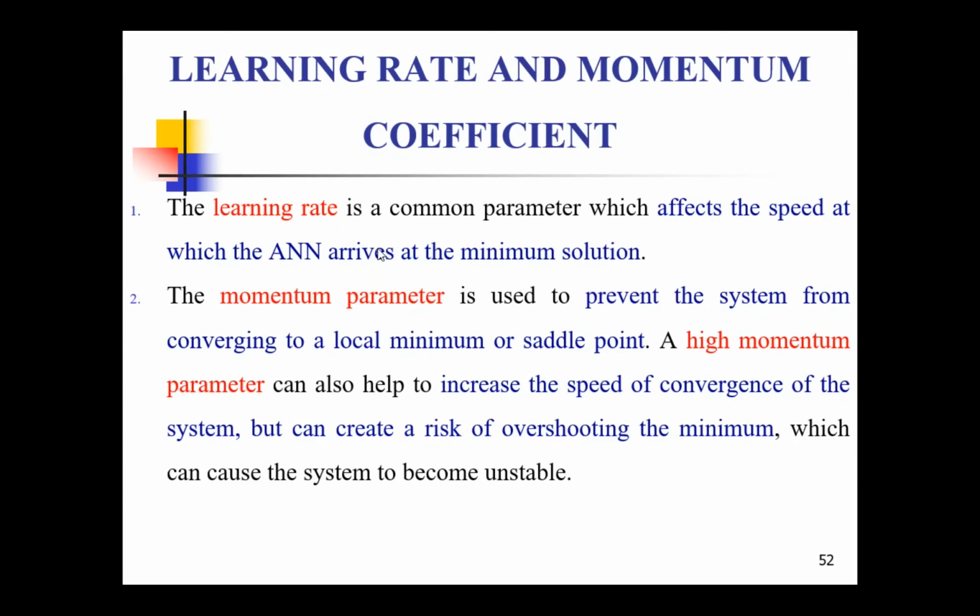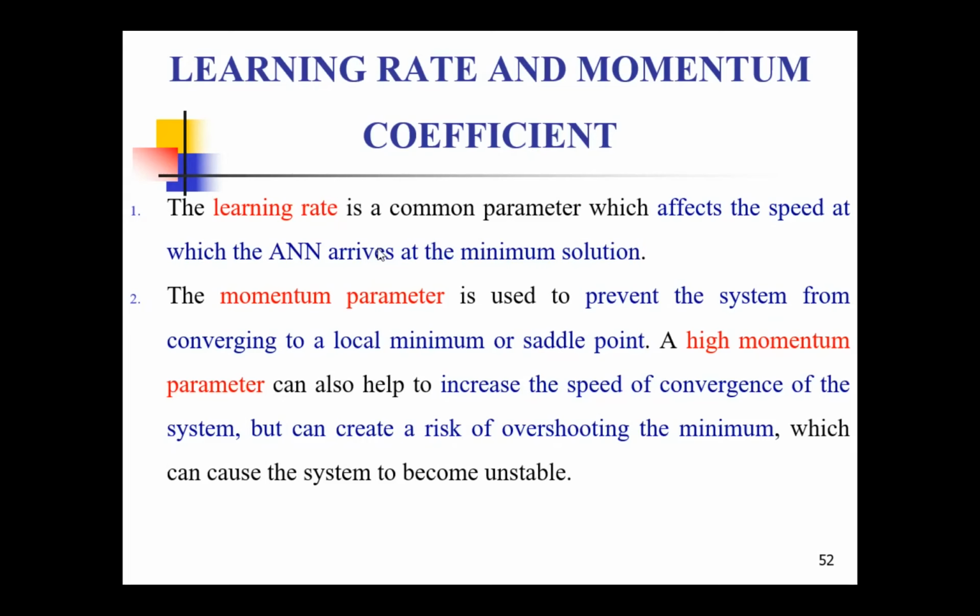So the momentum parameter is used to prevent the system from converging to a local minimum. Once a minimum is set, the system accepts it, even though a subsequent iteration produces a lower value, and it will not accept that. So converging to a local minimum is a problem, and that should be eliminated.